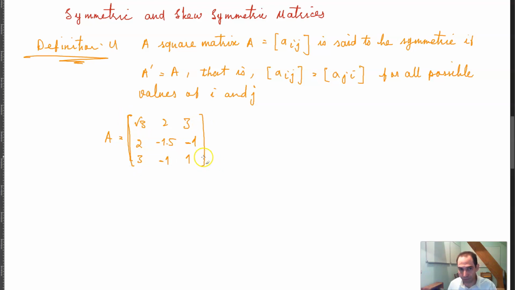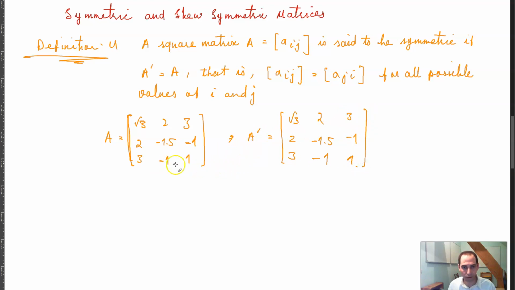Here, if I calculate A transpose, I will get square root of 3, 2, 3 as a column, 2, -1.5, -1, and 3, -1, and 1.